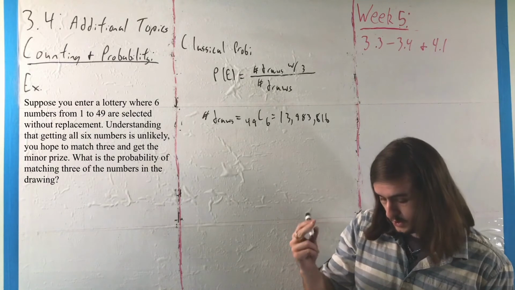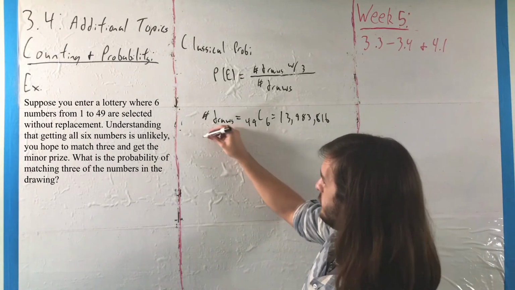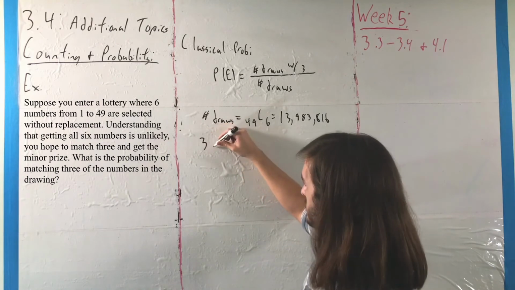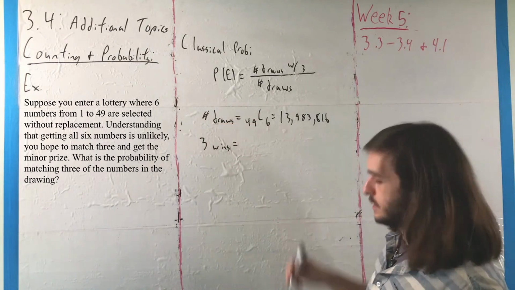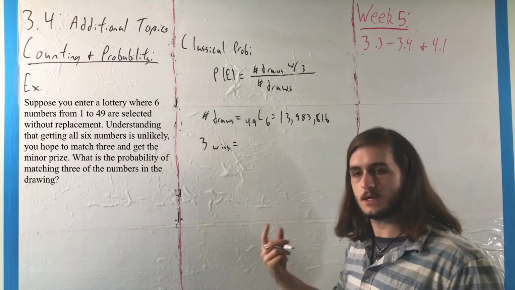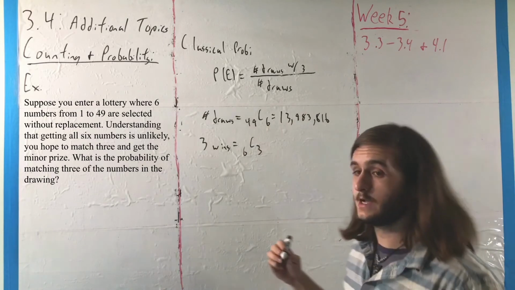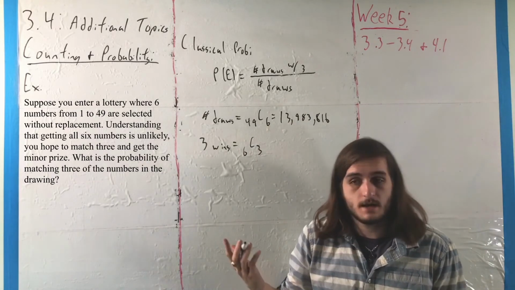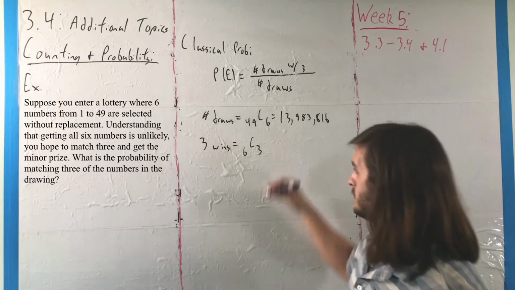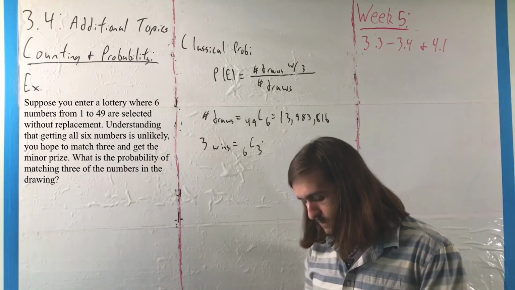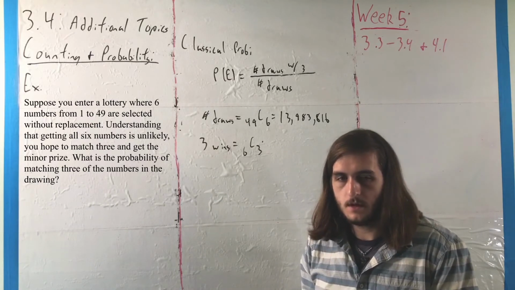To get our numerator, we need to understand what we're looking for here. So if we want 3 wins, that is, we want 3 matches, well, we need that from the 6 winners, we have to select 3 of them. Because it doesn't matter what order they're in, we just need to get 3 of those right. And then from there, we have a whole bunch of other numbers.